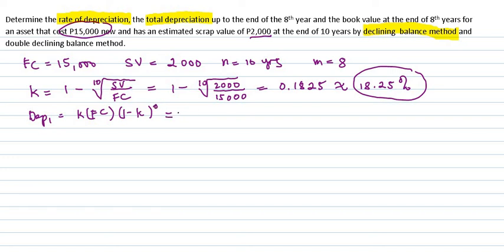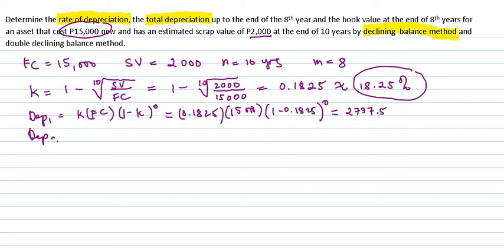So our K is equivalent to 0.1825 multiplied by 0.1825 times 15,000 as our first cost, and then multiplied by 1 minus 0.1825, that is raised to 0, that is equivalent to 2737.5. Okay, first year depreciation.